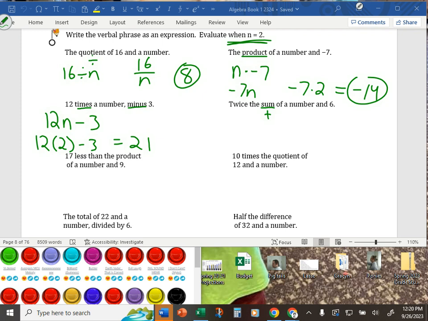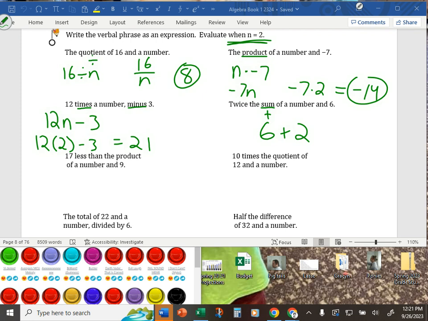6 plus 2, right? And then times 2, which is 16.